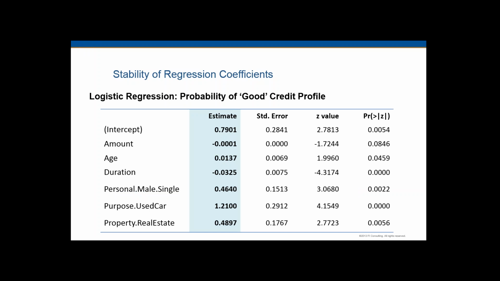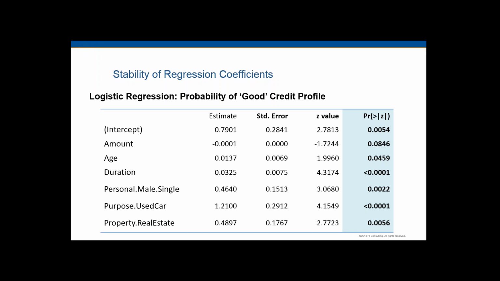We use these 6 variables to fit a simple logit model that estimates the probability of having a good versus bad credit profile. And so these are the estimated coefficients, followed by their standard errors. Given these standard errors and making some assumptions, we can mathematically derive their confidence intervals, or we can calculate the p-values and test their statistical significance.